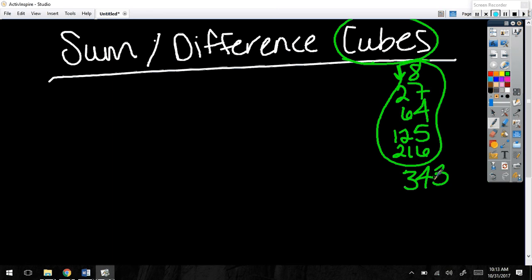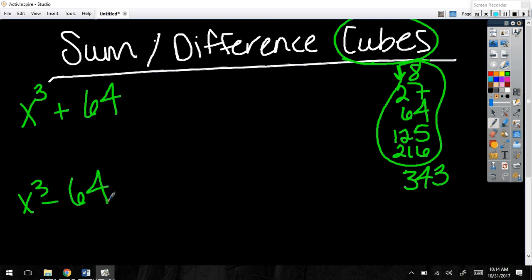All right. Sum or difference of two cubes. These have the same pattern. The signs are just a little different on them. So if I have x to the third plus 64 or x to the third minus 64, do you all agree with me that this first one is a sum of two cubes?